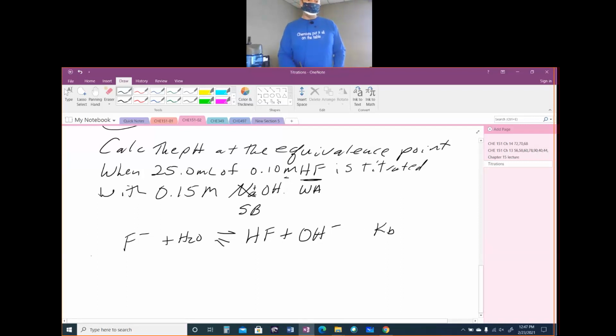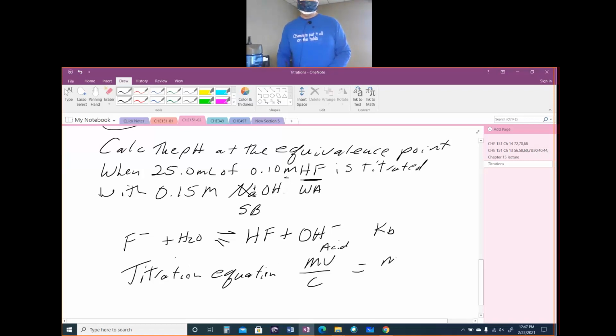All right, so for the equivalence point, you have an equation which is completely different. It might look the same. You might think it's the same. It is not the same. Your titration equation is MV over c for your acid is equal to MV over c for your base.